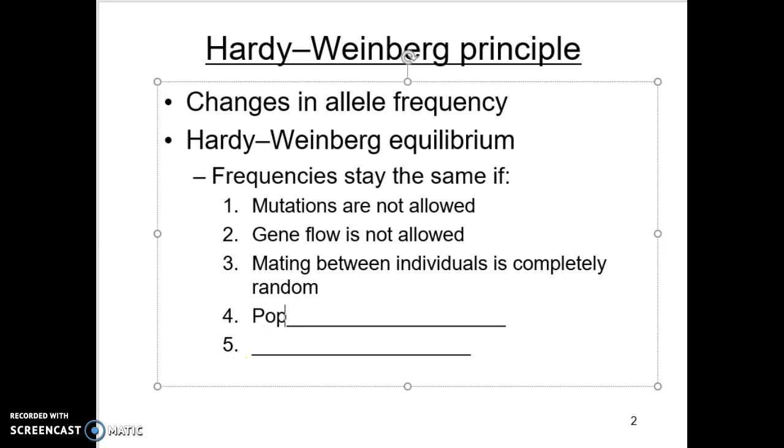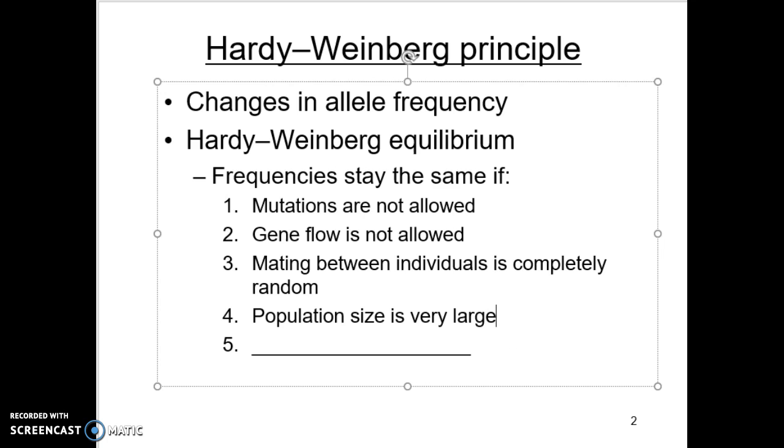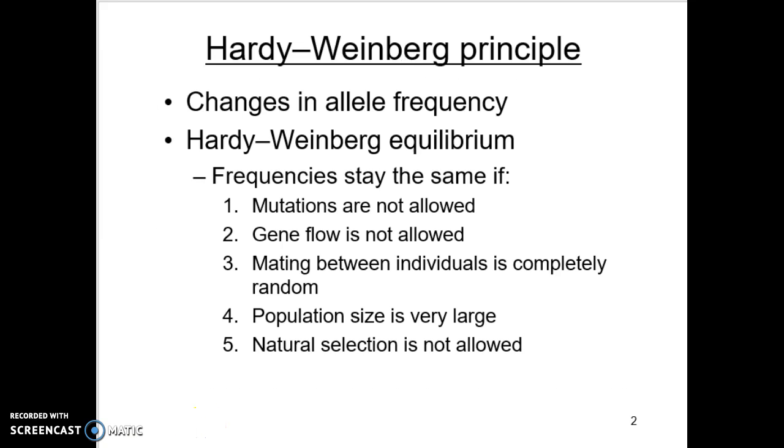Number 4, your population size is very large. And number 5, natural selection is not allowed. Okay? So all 5 of these have to be present in a population in order for it to be in equilibrium, or for evolution not to be occurring. All right, so that's the key.